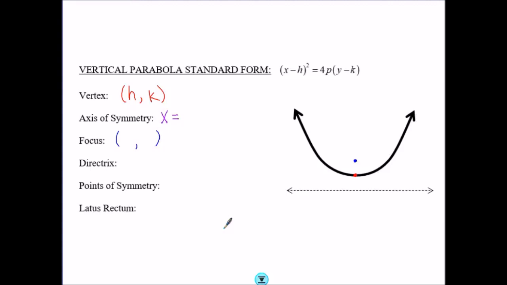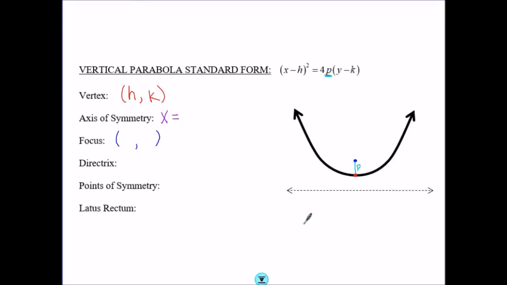But we need to know the relationship between the vertex and the focus, and that is that the distance between the vertex and the focus is p. So whatever number p is in your equation, that is the distance from the vertex to the focus. If p is positive, the parabola will open up.